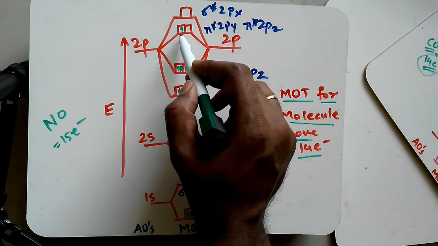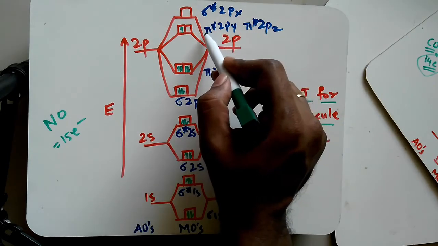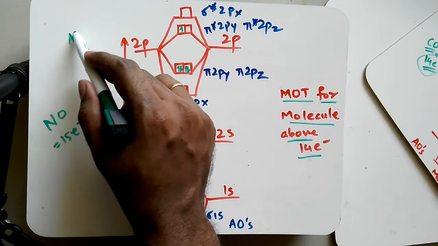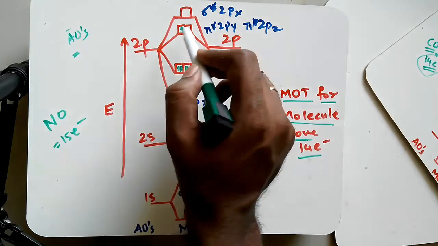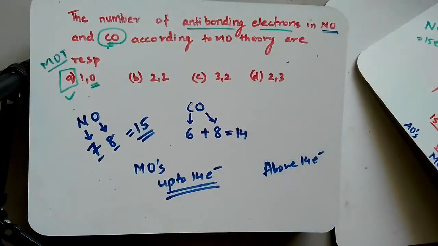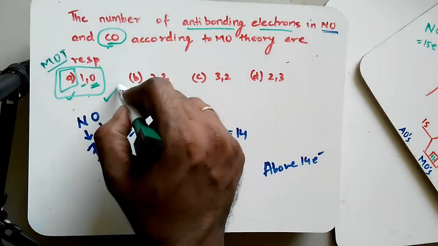If you observe, the 15th electron is entering the anti-bonding orbital here. So the number of electrons in the anti-bonding orbital will be 1. So if you get back to the question, here it is 1 and 0. So option A is the correct choice.